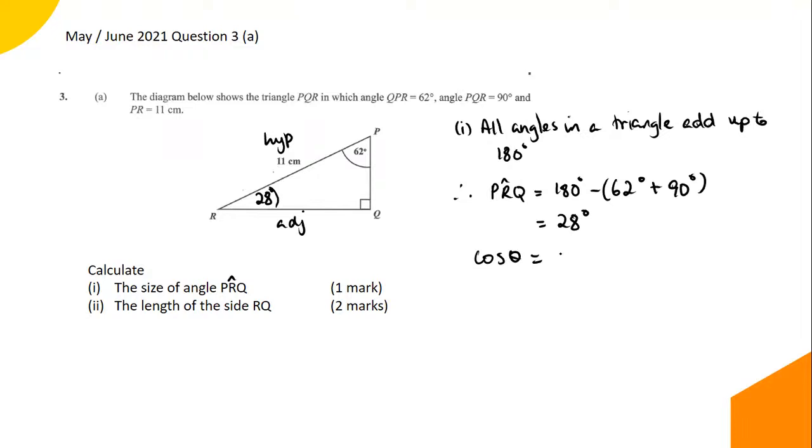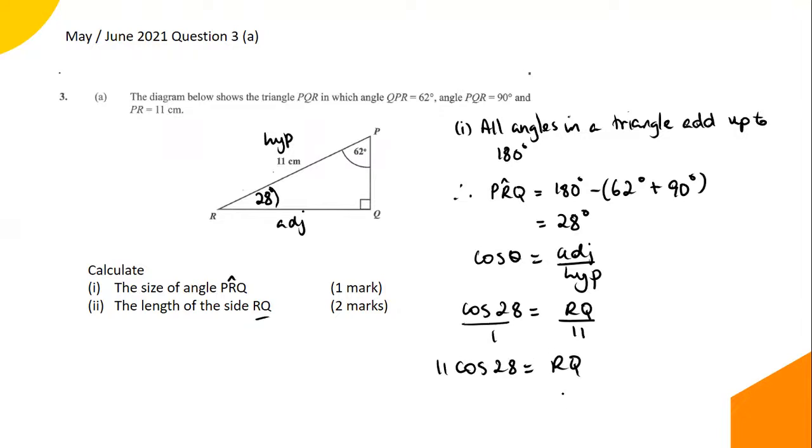So cos theta is equal to adjacent over hypotenuse. So cos of 28 is equal to the adjacent, which is what we want to find, RQ, divided by the hypotenuse, which is 11. You simply cross multiply, and you will get 11 cos 28 is equal to RQ.